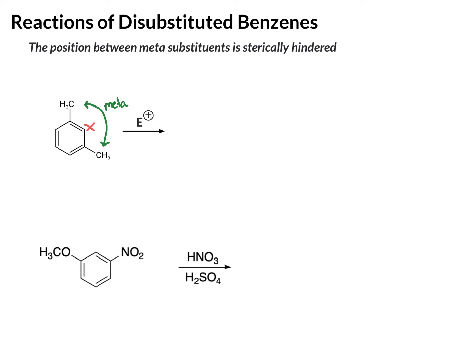So then in this generic example here, the methyl group on top is an ortho-para director, so it can direct to this ortho position and to its para position. And then the methyl group on the right, it's going to be an ortho-para director, which can direct to this ortho position and this para position. So those essentially reinforce one another.